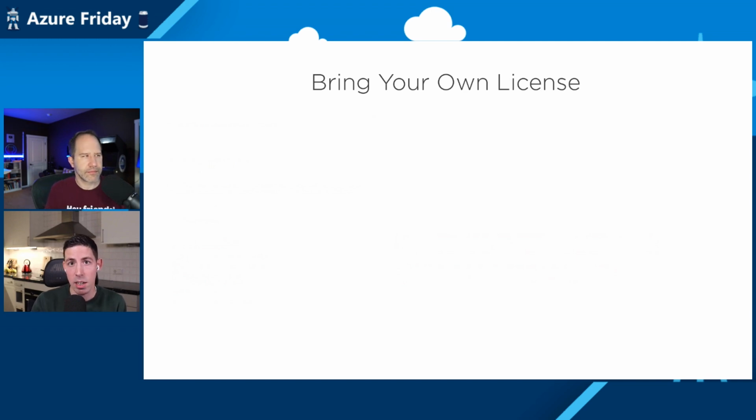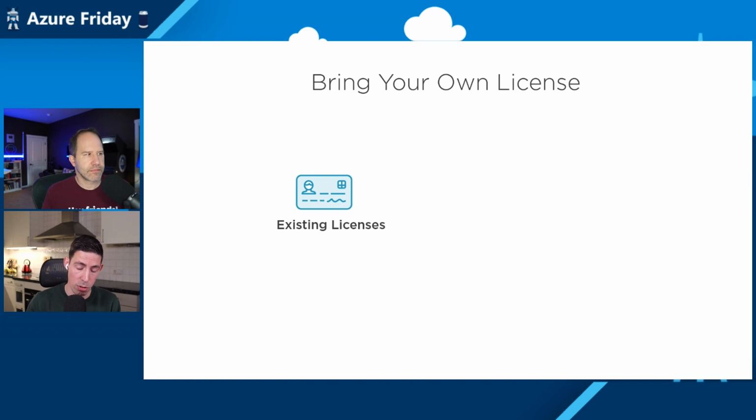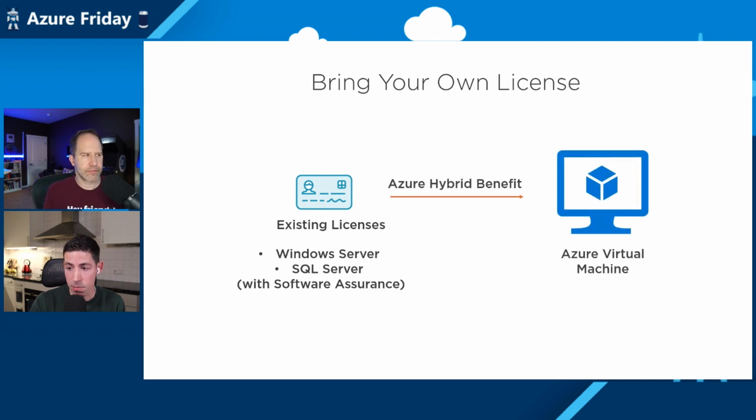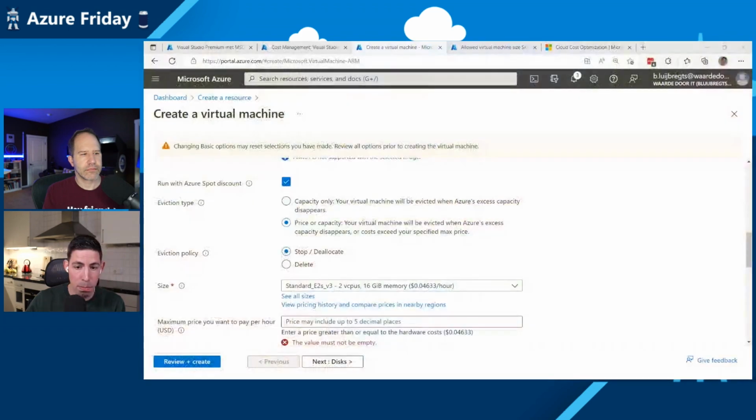Things that cost money in the cloud are also software licenses, like your SQL Server license, which can be very expensive for an on-premises SQL Server, or your Windows Server license, which can also be very expensive. If you have such existing licenses, you can take them with you to the cloud and use them with Azure Virtual Machines for what's called the Azure Hybrid Benefit, which offers huge benefits as well.